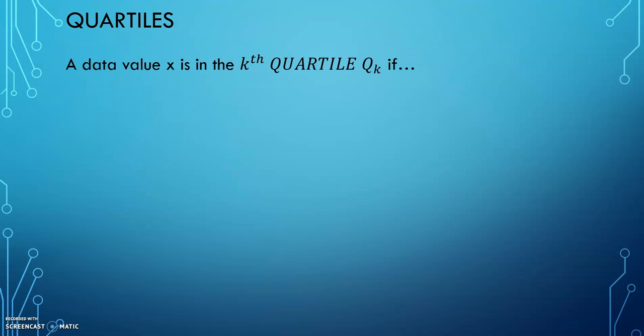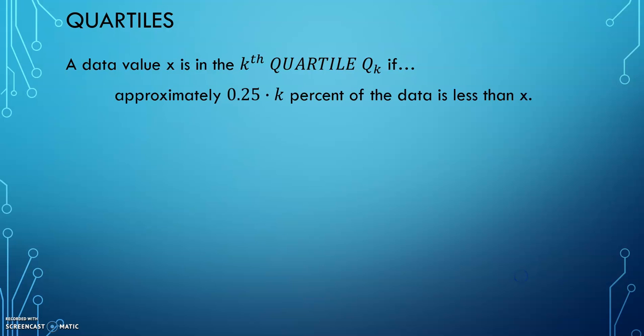Quartiles. A data value x is in the kth quartile, q sub k, if approximately 0.25 times k% of the data is less than x. The word quarter means fourths, so we're splitting the data into 4 parts. The first quartile is the 25th percentile. The second quartile is the 50th percentile.